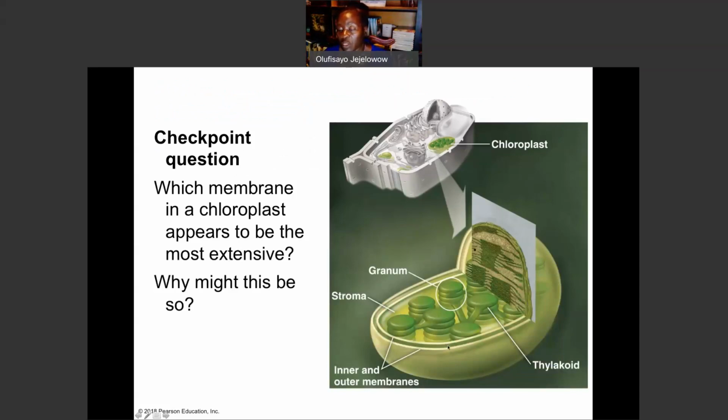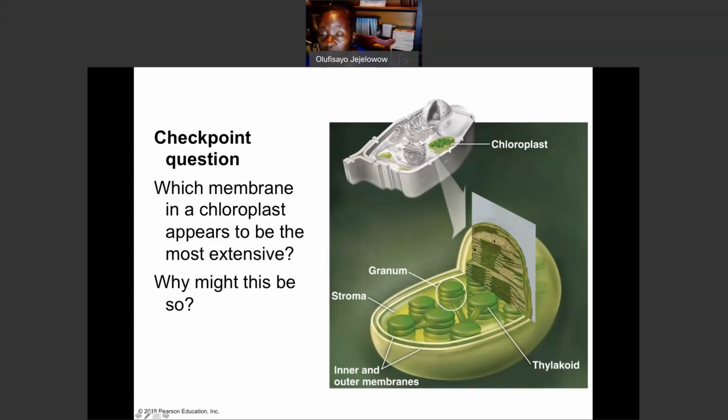Also, given the complexity of the work of photosynthesis, it has an outer membrane and an inner membrane. Inside the inner membrane is filled with stroma. In addition, there are thylakoid membranes, which are formed into stacks called grana, like a stack of coins.